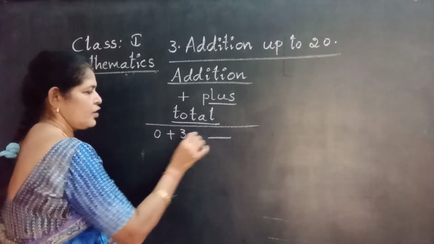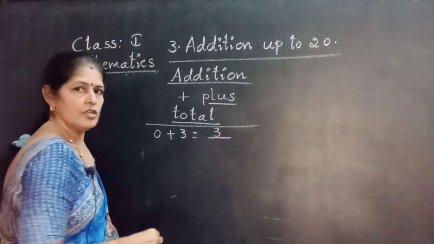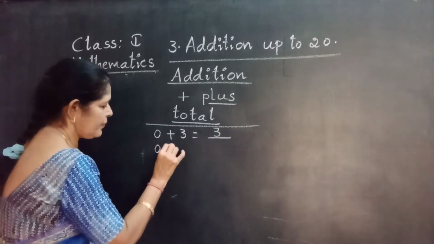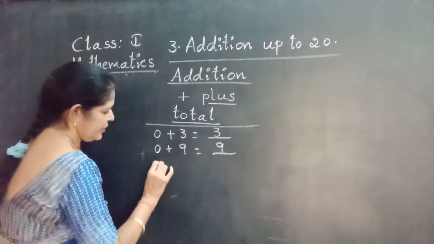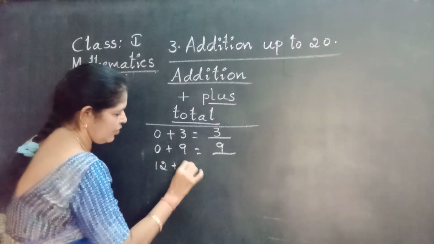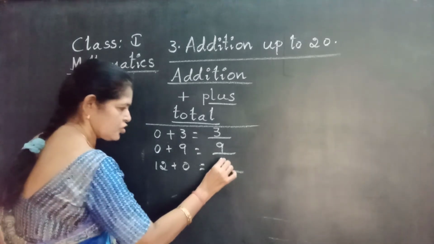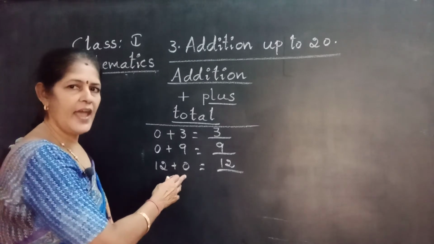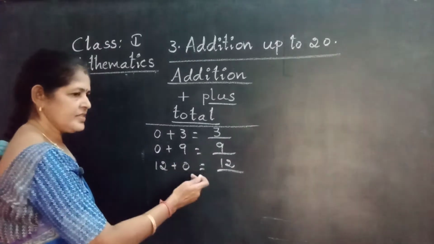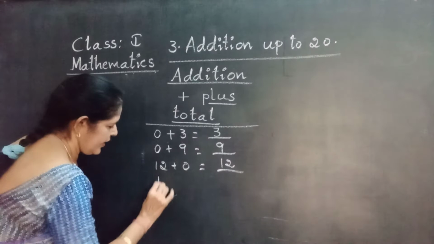That's why 0 plus 3, the answer is 3 only. 0 plus 9, the answer is 9 only. 12 plus 0, the total is 12 only. Why? 0 means empty. Nothing is there. That's why number plus 0 is the same number.